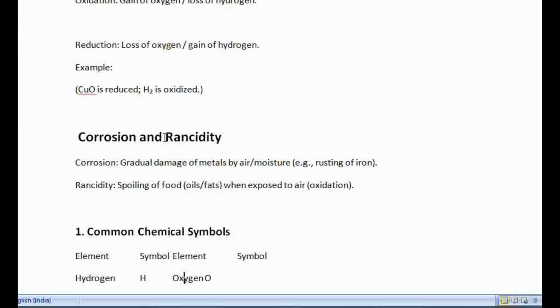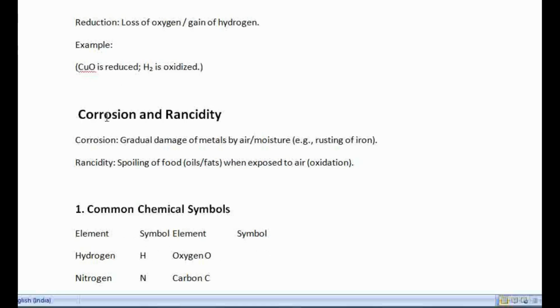And the next important concept is corrosion and rancidity. Corrosion means gradual damage of metals by air or moisture, for example rusting of iron. If you see the damage on metals, then it is corrosion.